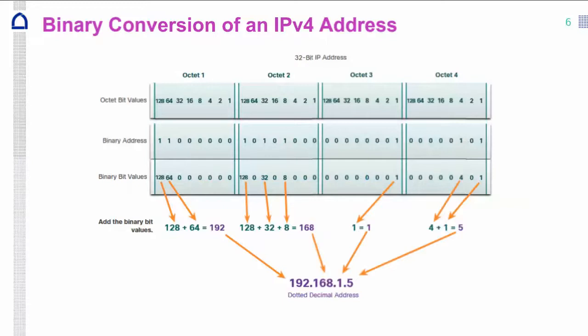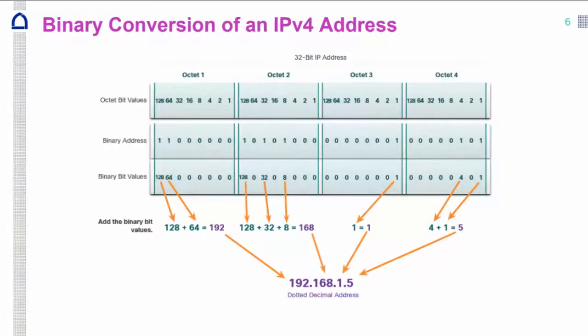So this is the way to convert. As you can see here, if I have 101, it is 1 plus 4, it is 5. If I have 1 only, 1. If I have 00101010, it is equal to 2 plus 8 plus 32.